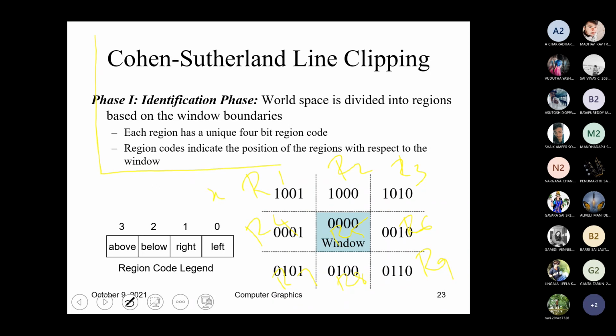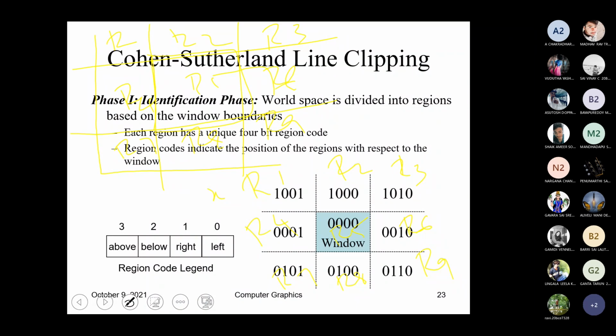You have the x-axis, y-axis. Here you have the clipping window. If you consider and draw x min, y min, x max, y max, you will get these 9 regions, right or not? This is R1 through R9, right? Which is similar to your, which one?